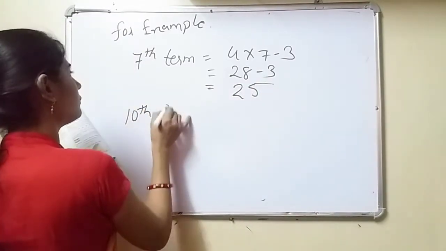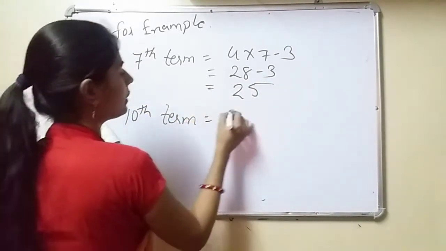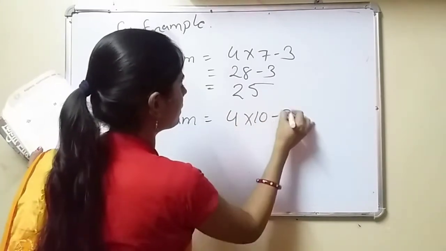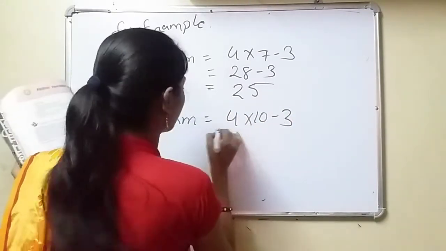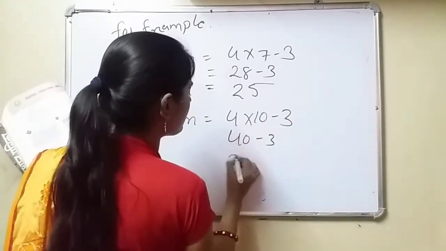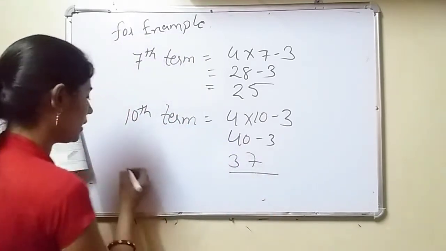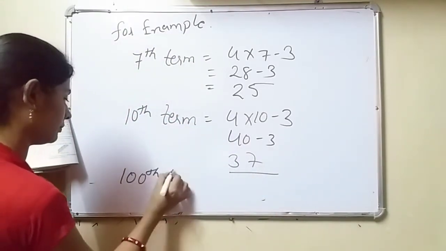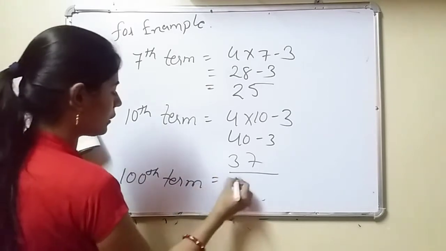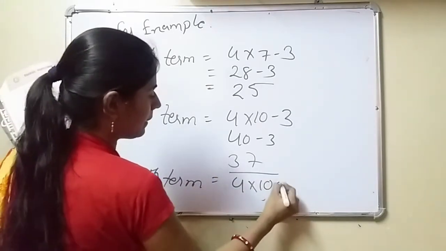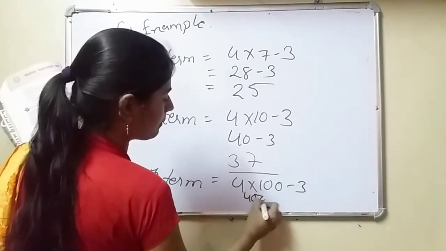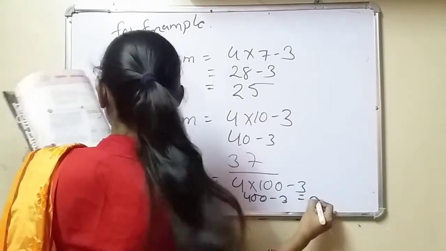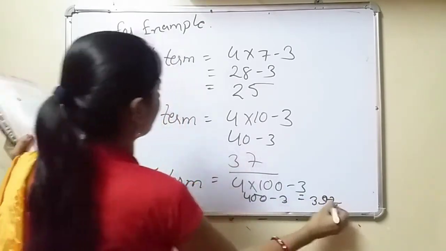The 10th term, how can you find the 10th term? Means 4 into 10 minus 3, then 40 minus 3, that is 37. The 100th term, what is the formula you can put here? 4 into 100 minus 3, that is 400 minus 3, that is 397.